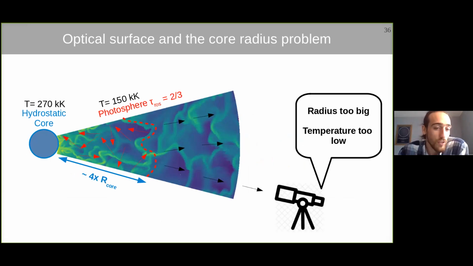And we find that for our 2D models, this is typically at around 4 times the stellar radius, so at 4 stellar radii. And the temperature at 4 stellar radii is a lot lower than the temperature at the hydrostatic core. So this means that if we were to observe light coming from this star, the temperature that we would actually see would come from the photosphere and not from the hydrostatic core.